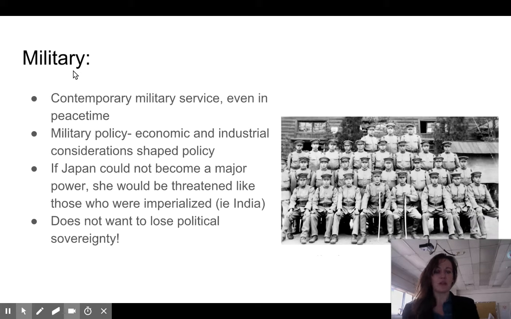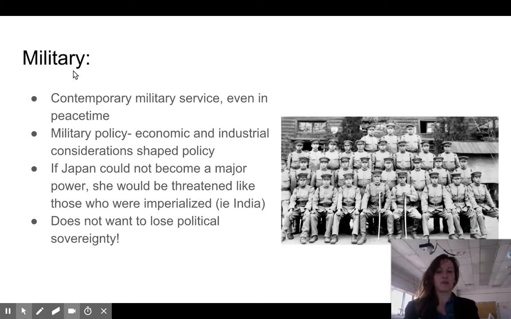Okay, now you have a development of the military. These are army officers in Japan in the 1930s. In Japan, there was compulsory military service, so all these males had to serve even in peacetime. The military policy was really shaped by economic and industrial considerations. That's true many times for Western nations, but here I guess it's a bit more obvious perhaps.